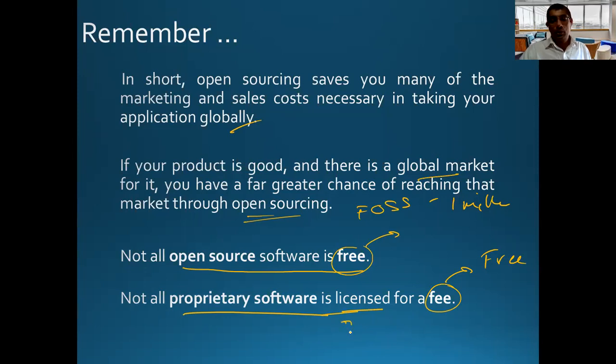For example, Zoom: if you are making a lecture later on, 40 minutes, that's a shareware thing, because only up to 40 minutes, and to use more you have to pay. So likewise, there are different free versions, shareware, freeware. They are also proprietary software. So don't think that proprietary software always has to be purchased for a fee. That's not the case, right?